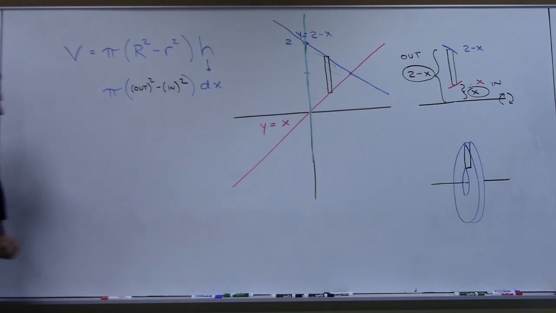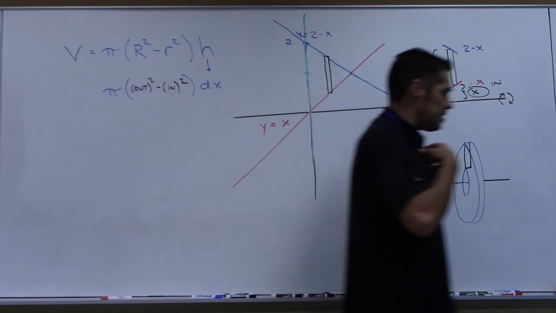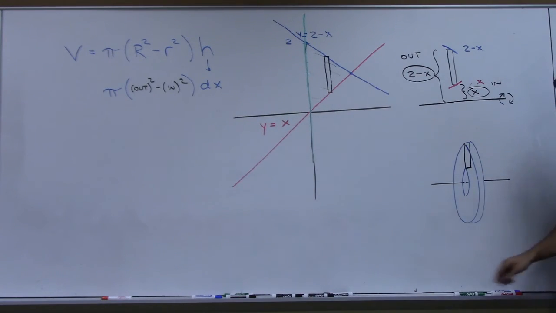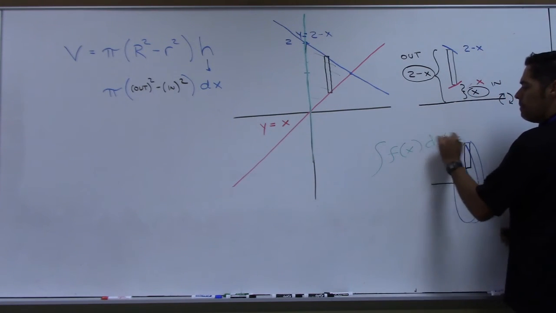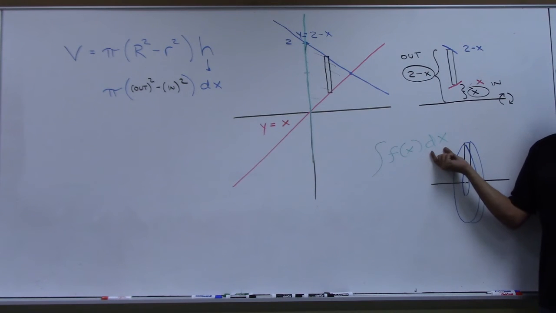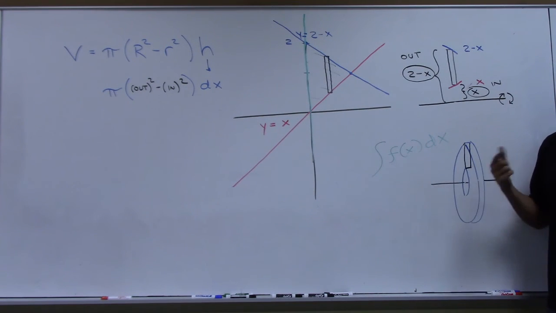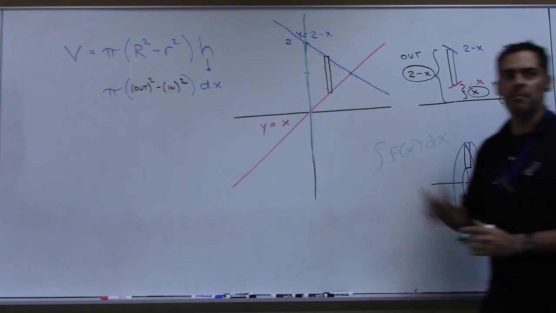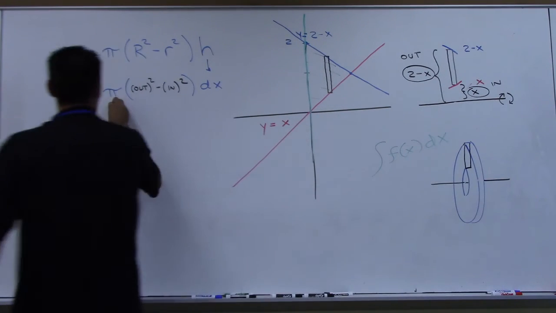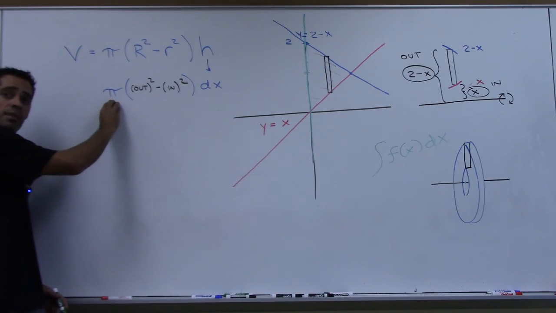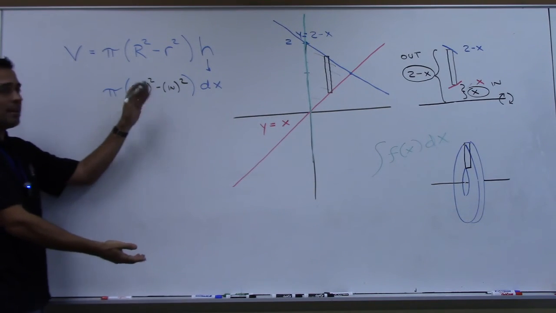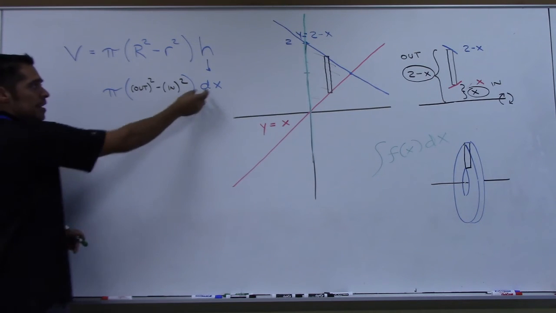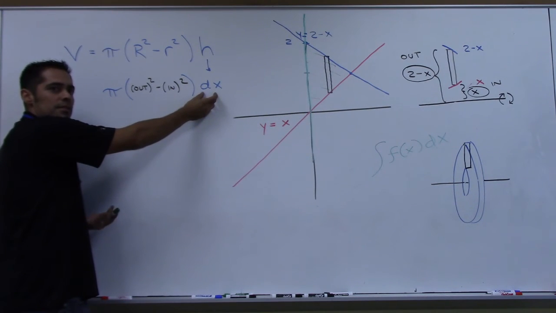This is what I was trying to explain when we were doing Riemann sums: in the first integral we ever learned, the f of x dx was height of rectangle, width of rectangle. Now, in our new integral, every little piece means something. The pi comes from the fact that it's the volume of a cylinder. The outer radius comes from the fact that it's a washer, subtracting the inner radius. And then this is actually the height of the cylinder formula.